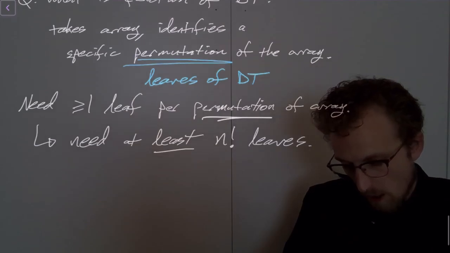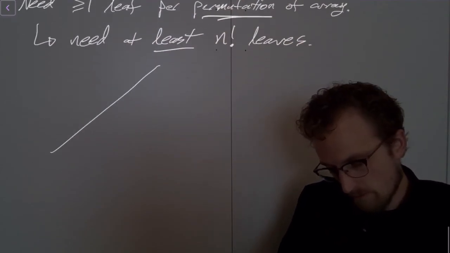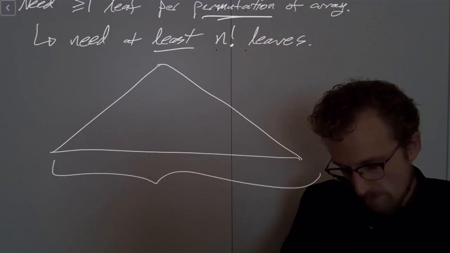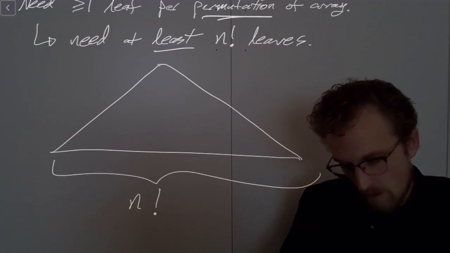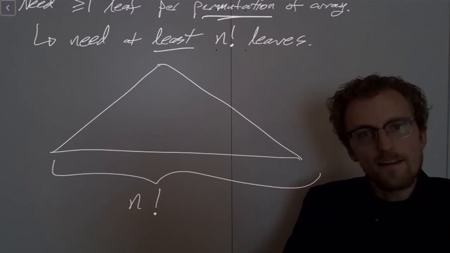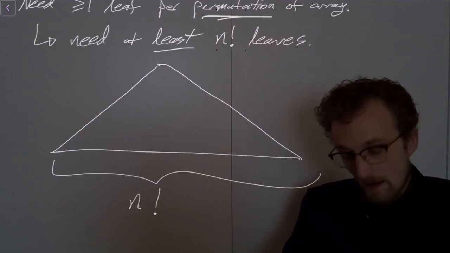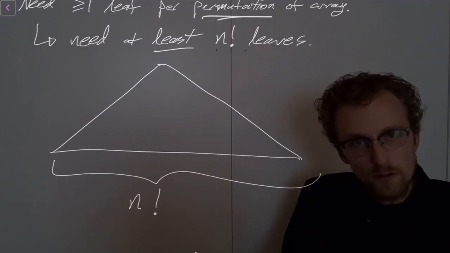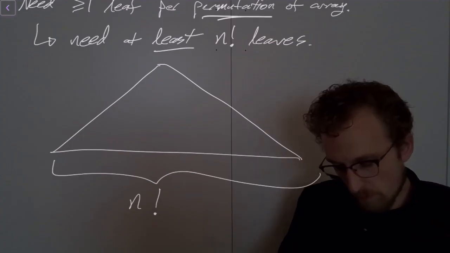So let's just draw a cartoon of our decision tree. We know that there needs to be at least n factorial leaves down here. So the question is, what's the shortest decision tree that we can create that has n factorial leaves? Notice that we're not even asking about sorting anymore. Now we're just asking about the shape of trees.